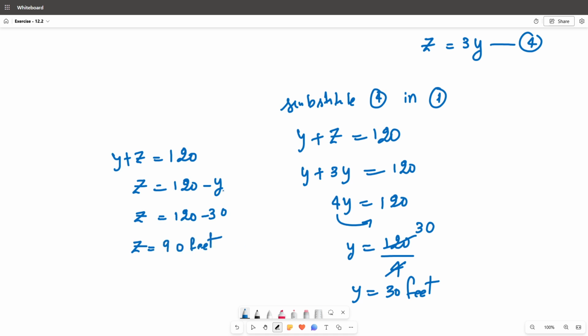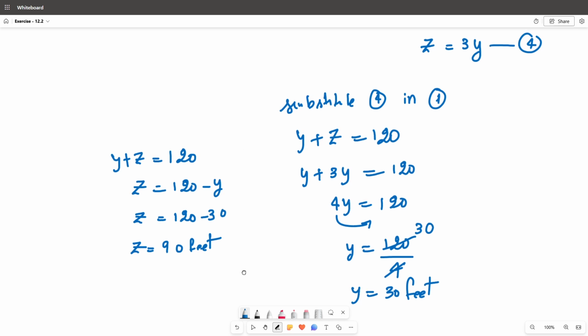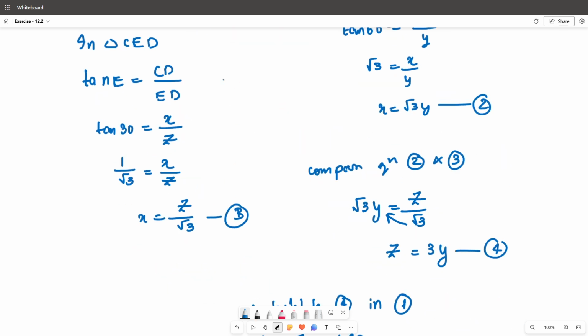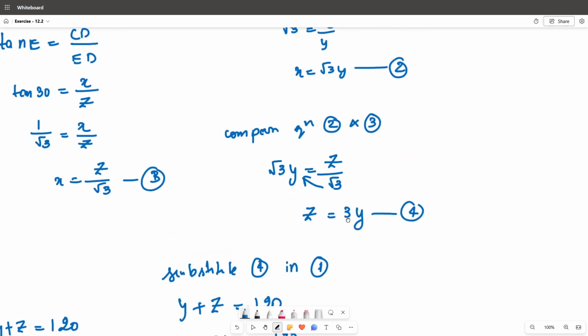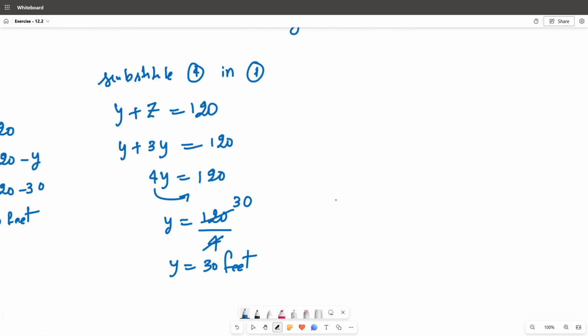And lastly, we need to find the length of the pole, that is x. We can use either of the equations, equation 2 or equation 3. So let's use equation 2, x is equal to root 3 into y. Substituting y in equation 2, x is equal to root 3 into y.